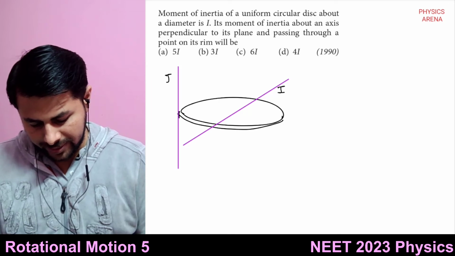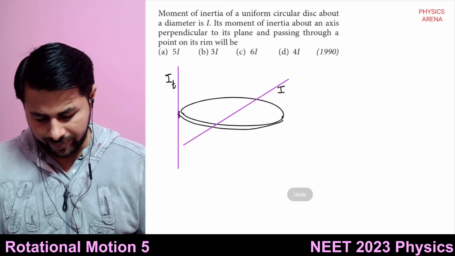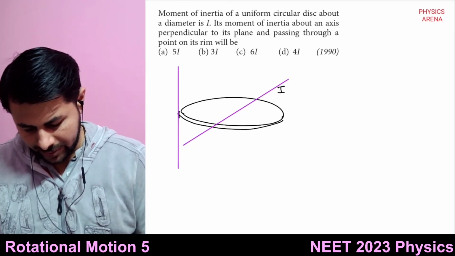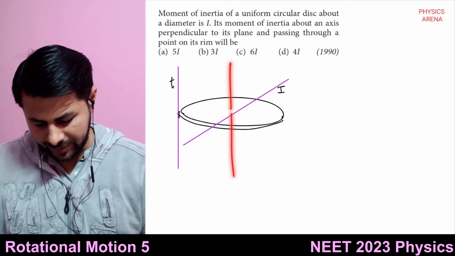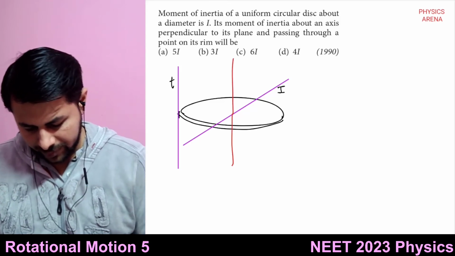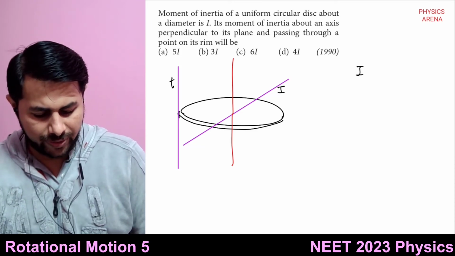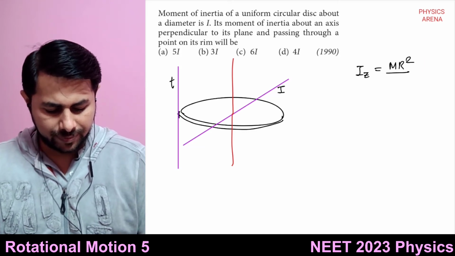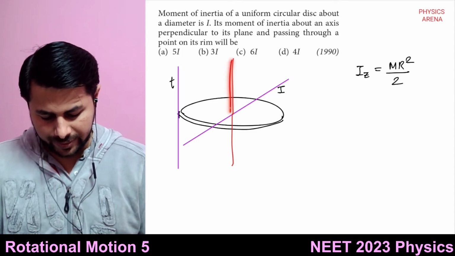And I want I suffix z, or let's call this as I suffix t. Let's call it tangent. Okay, so t, and z axis will be like this. So I'll draw it by different color. So now Iz, how much is Iz for a disk? It is mr square upon 2, right, for a disk.